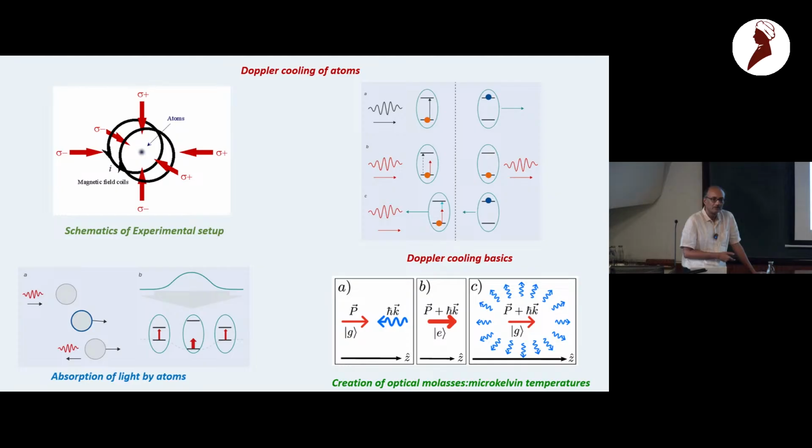And therefore, its average momentum, and therefore energy and temperature, decreases. So this is one way to cool down this collection of atoms. And this is what leads to the creation of what is known as optical molasses. And you can go to order microkelvin temperatures using this technique.